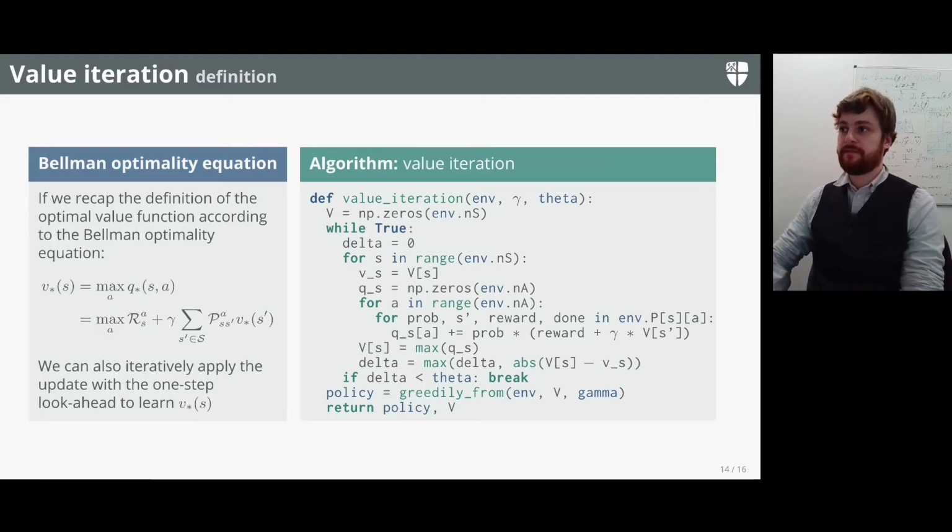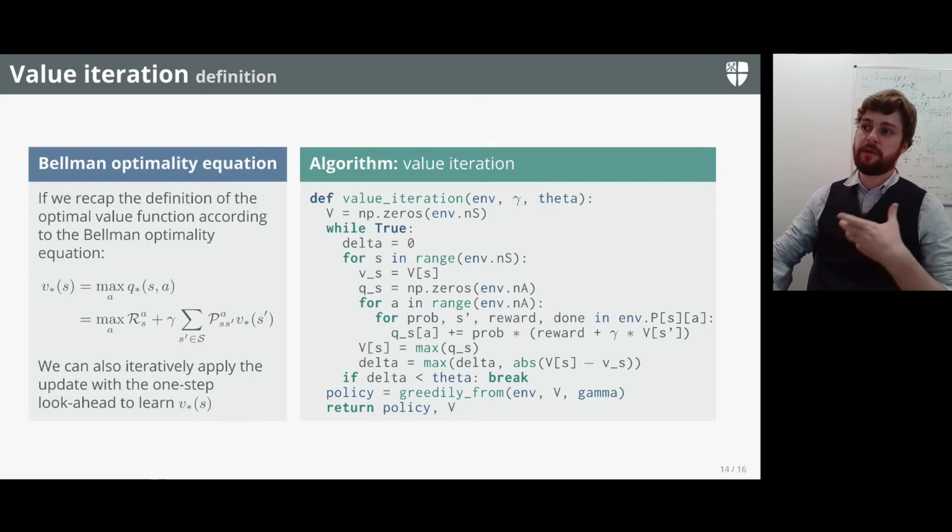So this is value iteration in essence, and we'll see that it's very similar to policy iteration, but this time we're mainly using the Bellman optimality equation. So we reapply the same process as policy iteration, but using this Bellman optimality equation with this max in there.